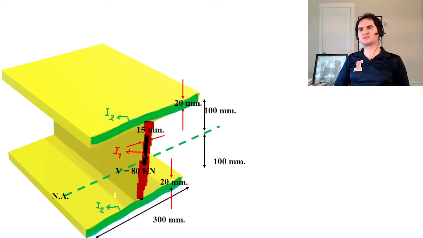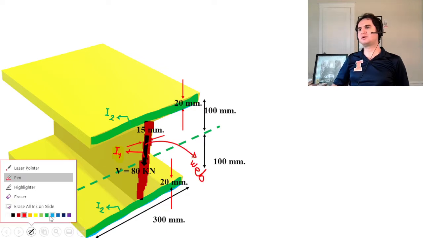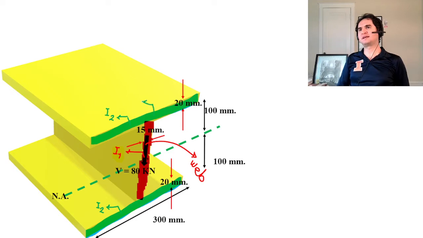If we just consider the flanges, because they are identical to each other, I2 and two of them, and the moment of inertia for the web goes by I1. So this is the web, and these are the flanges, the top flange and the bottom one.